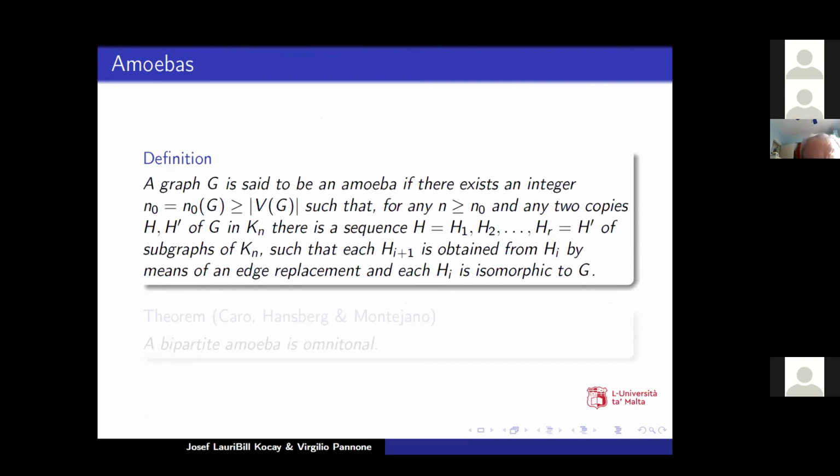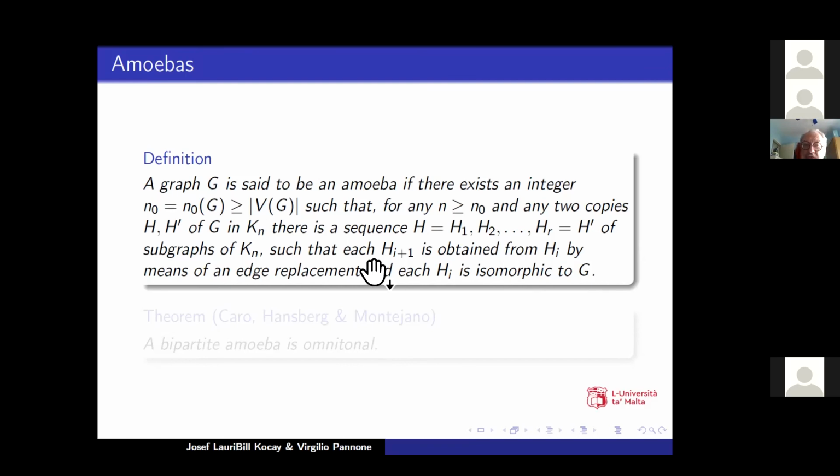Caro, Hansberg, and Montejano defined an amoeba as follows. An amoeba is a graph G such that if there are two copies of G in a complete graph, then we can go from one copy to the other copy by replacing an edge with another edge, and then replacing an edge with another edge, in steps like that.